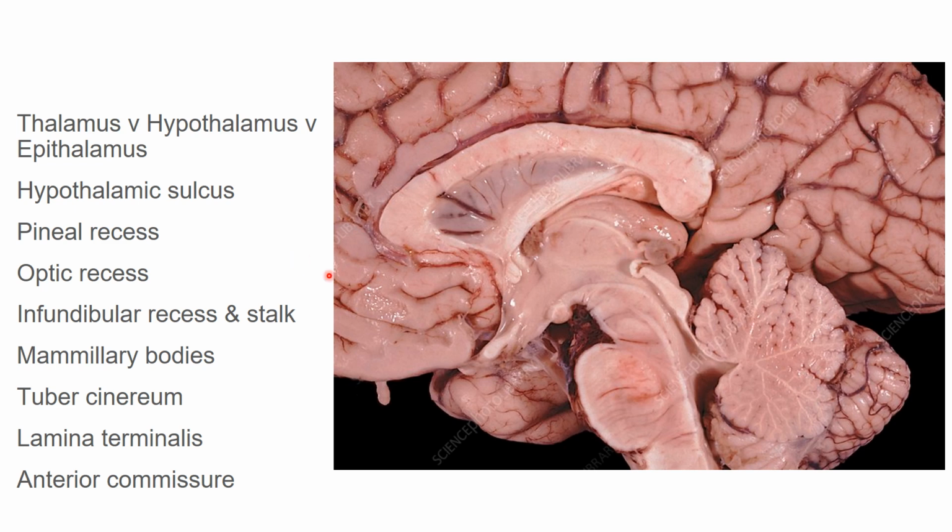Then you can look over and find your optic chiasm, and this little recess leading into that is your optic recess. And then your infundibular stalk, where your pituitary would come down into your pituitary gland. It's been cut, obviously, but the recess leading into that infundibular stalk is going to be your infundibular recess.